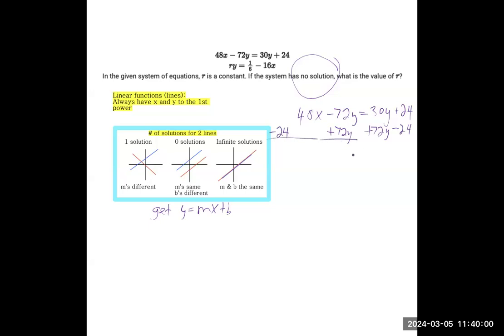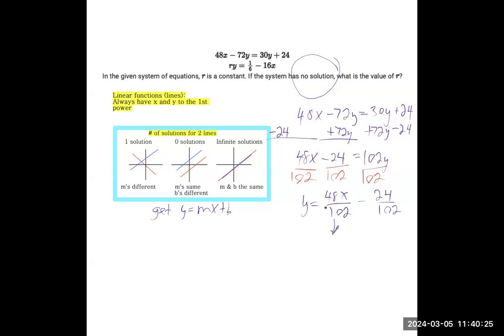And right now we'll have 102y equals 48x minus 24. Now we can divide by 102. And we have y equals 48x over 102 minus 24 over 102.